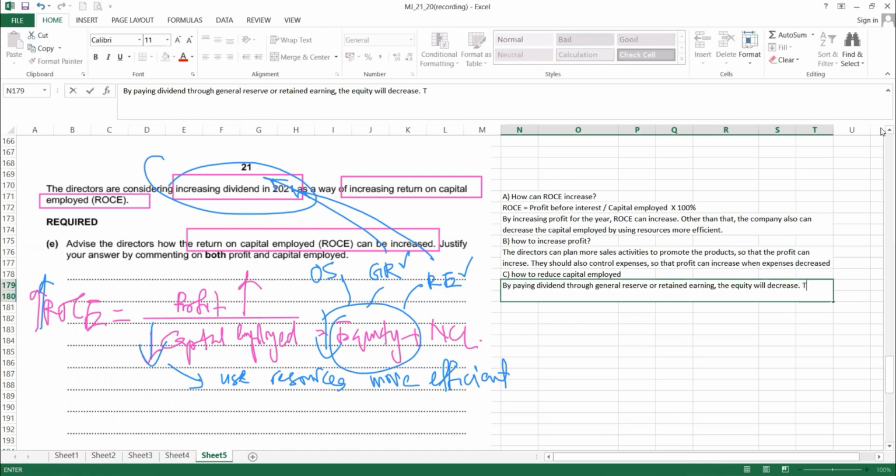Therefore, the director can consider increasing dividend in 2021 as a way of increasing return on capital employed.